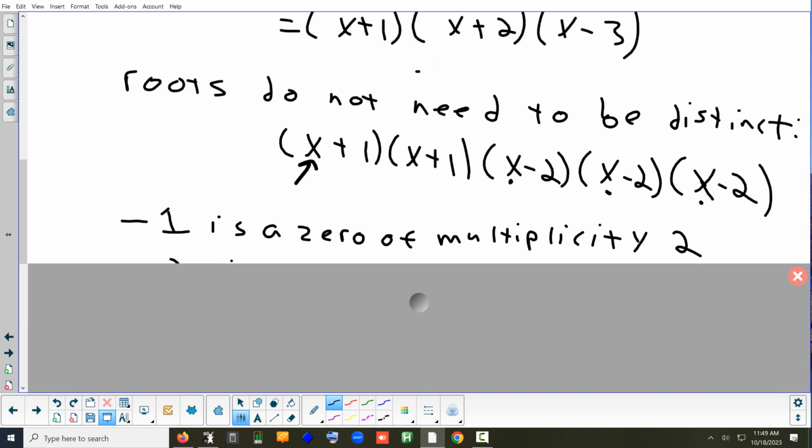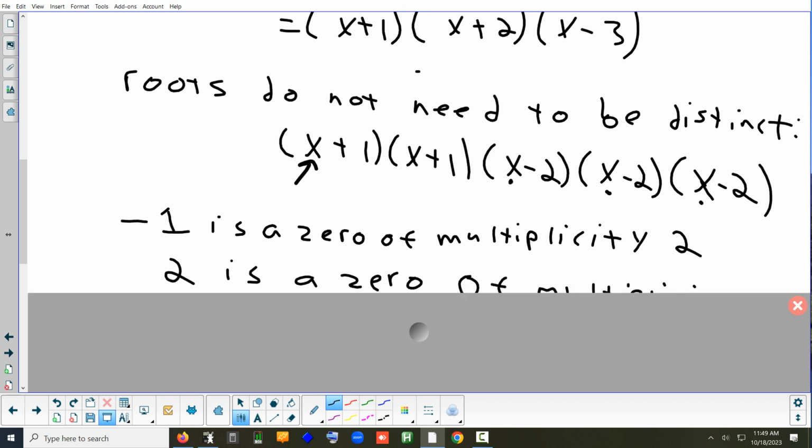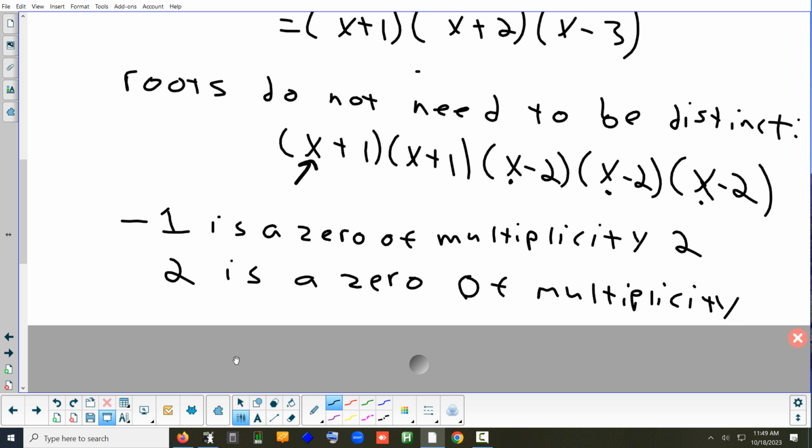So the name for that, we use the word like how many times it happens. That's called multiplicity. So -1 repeats twice. The word multiplicity is just like saying repeats. Okay, so -1 repeats 2 times. 2 repeats, I didn't write it. How many times does it repeat? 3. 3 times.